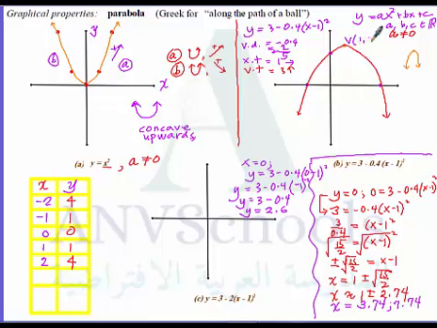So we have a vertex of (1, 3), and its axis of symmetry is x equals 1. So this is the graph of our quadratic function y equals 3 minus 0.4 (x minus 1) squared. Okay? So let us investigate this graph then.